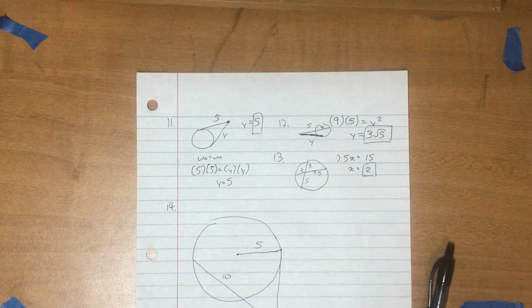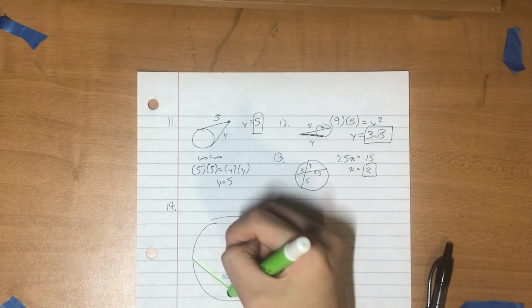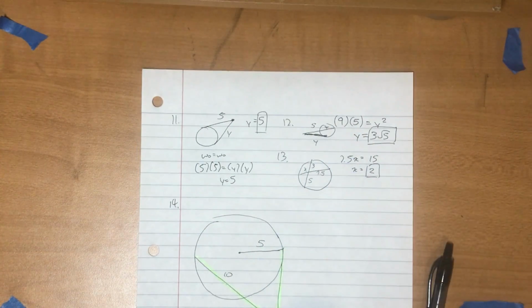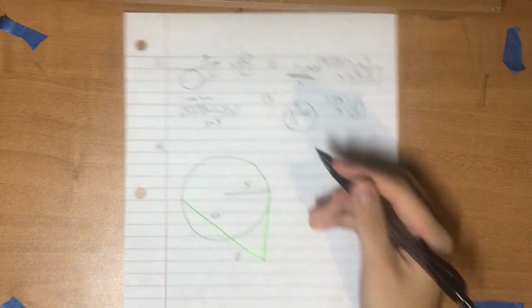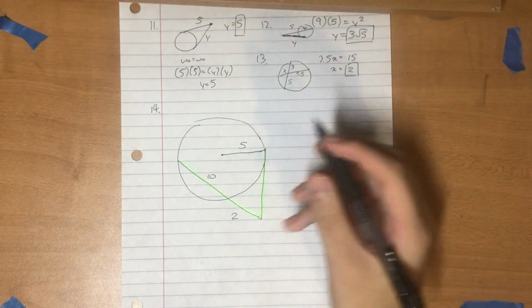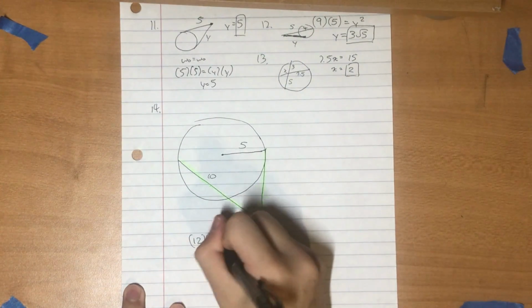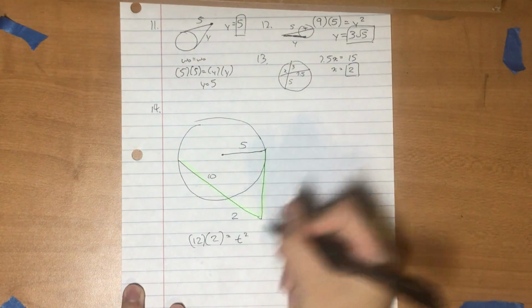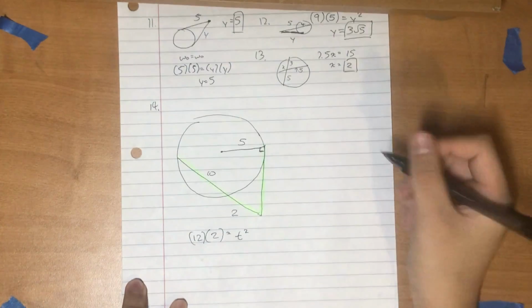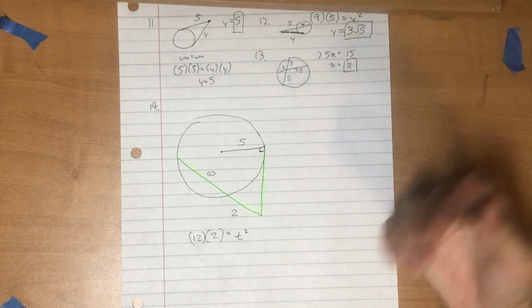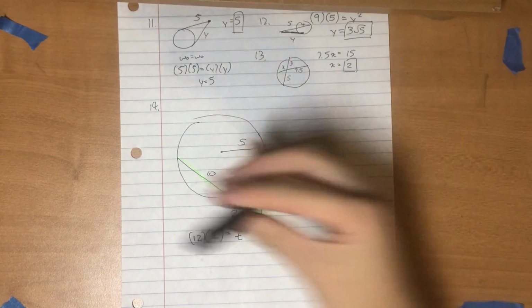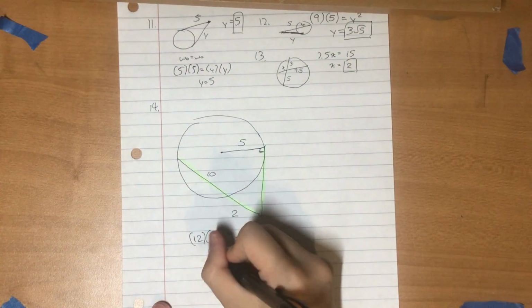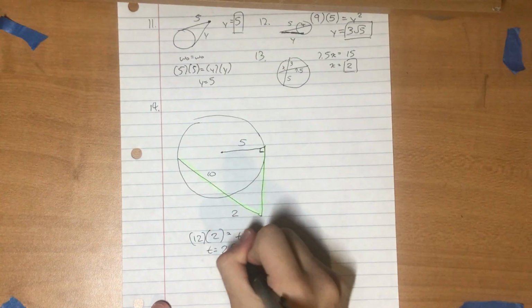So first thing is use the whoa: whole thing times the outside equals that squared. Let's just call it t because it's a tangent. And tangents are perpendicular to the radius connecting the points. So you get t is 2 root 6.